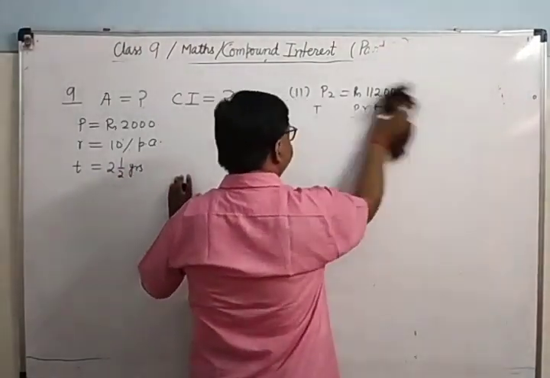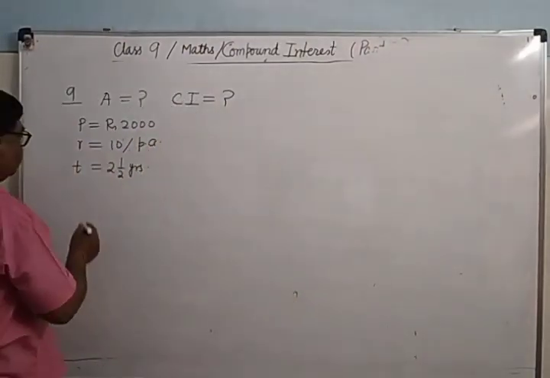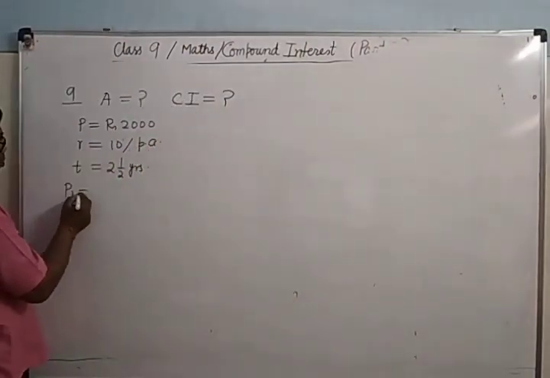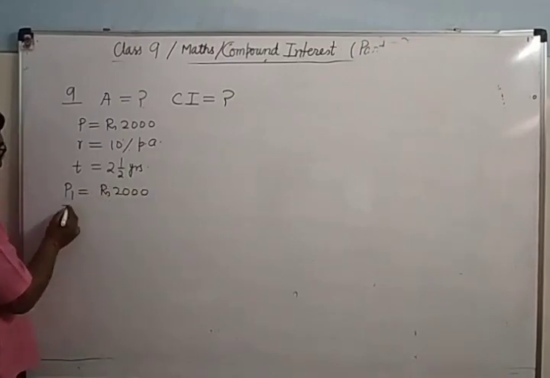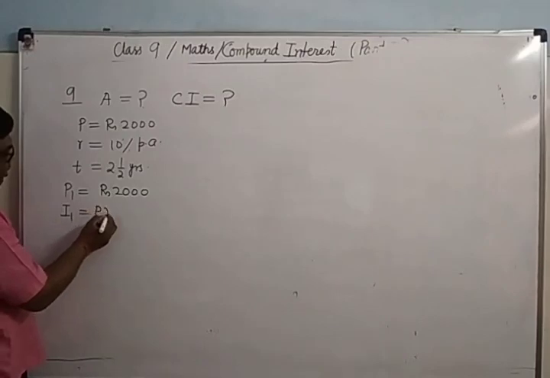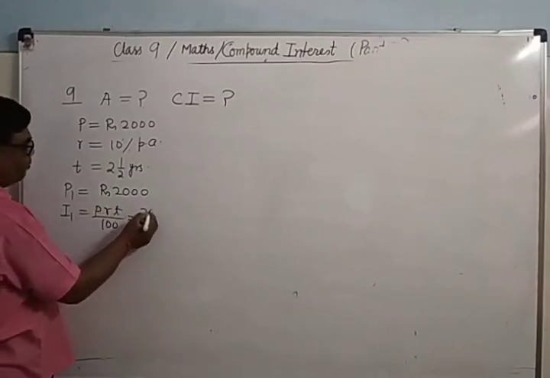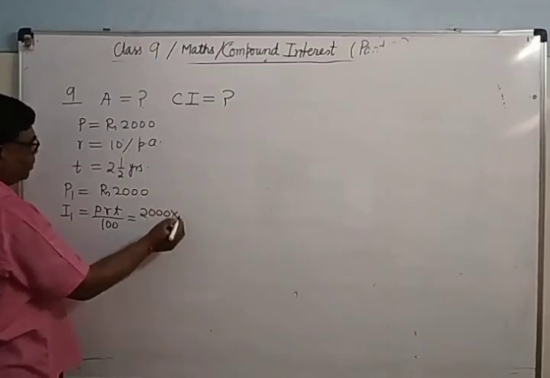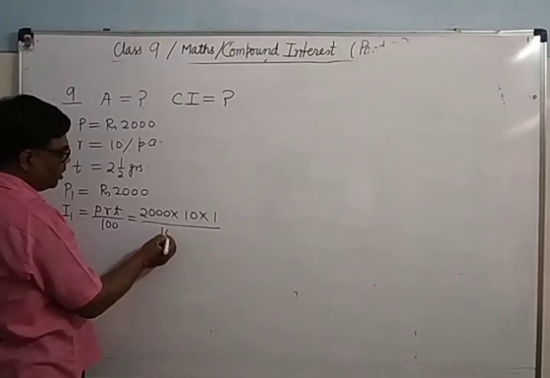So you see, what is P1 here? P1 will be equal to rupees 2000. So what is I1? PRT upon 100 for the first year. P is given 2000, rate is 10, time is 1, divided by 100.